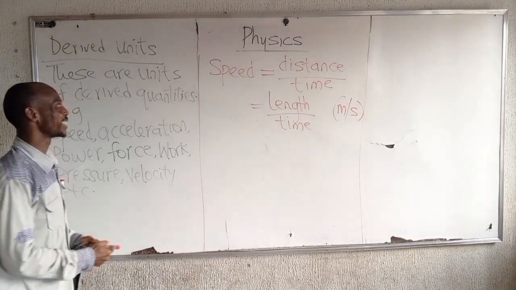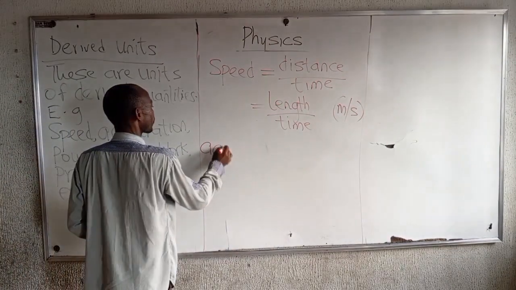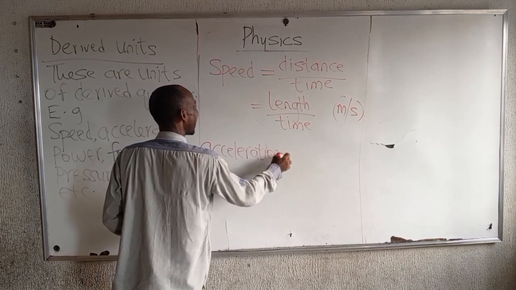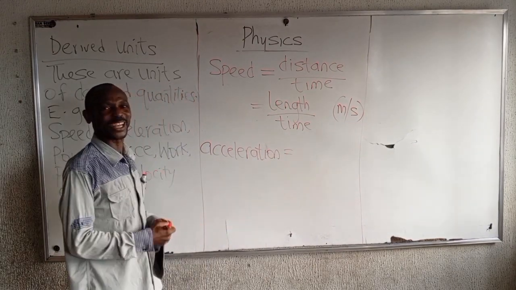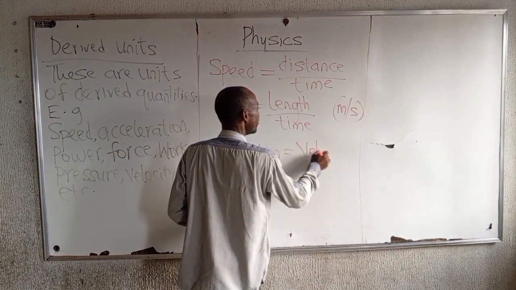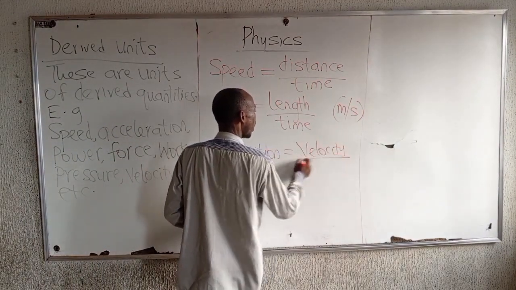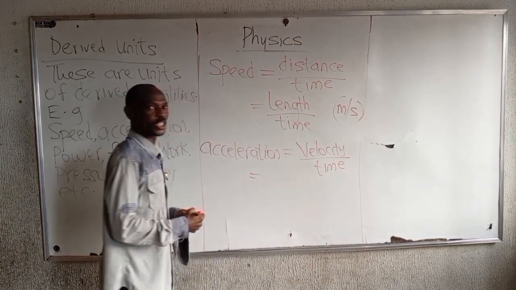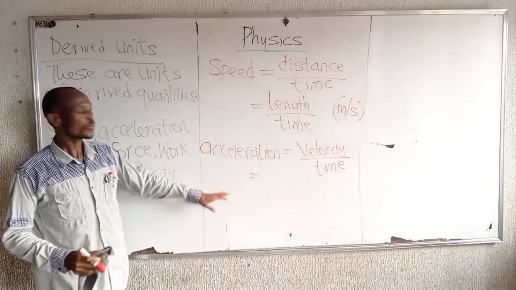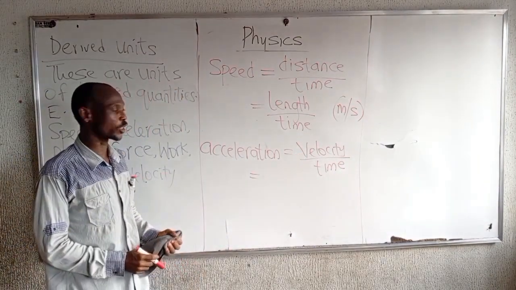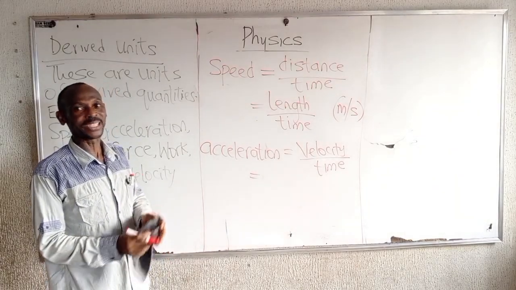Let's look at another one. Acceleration. Acceleration is given as velocity change. Basically, we say velocity all over time. And what is velocity? Velocity is actually distance over time.